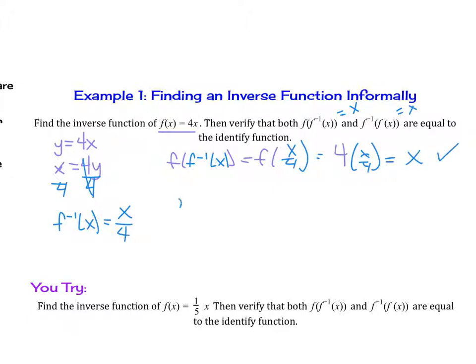So let's try it the other way. f inverse of f of x is f inverse of 4x, and then we plug it into f inverse. Our f inverse is x over 4. So we have 4x over 4. And so again, this does indeed equal x.